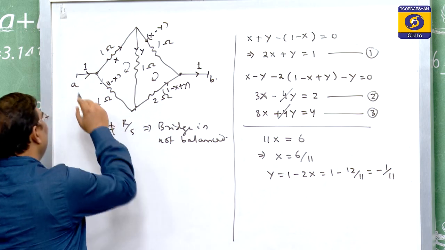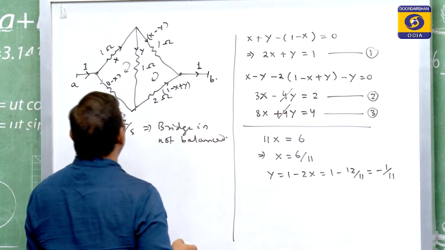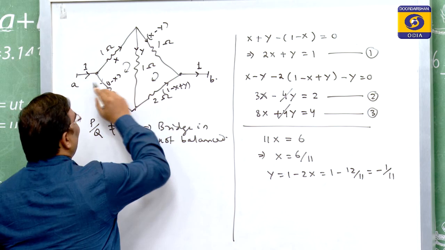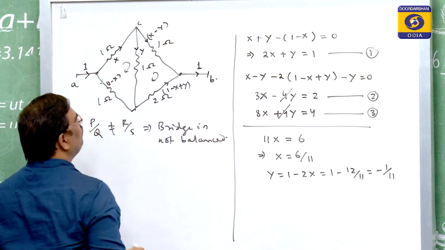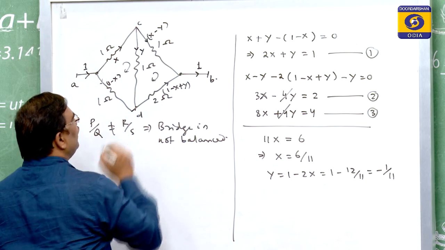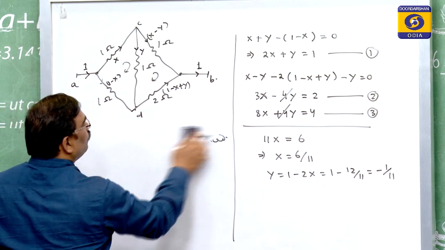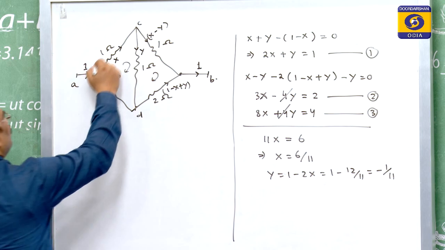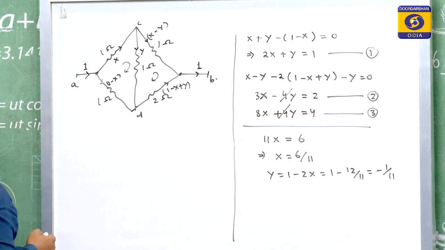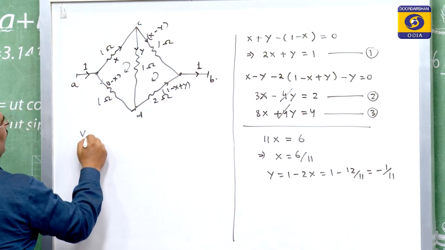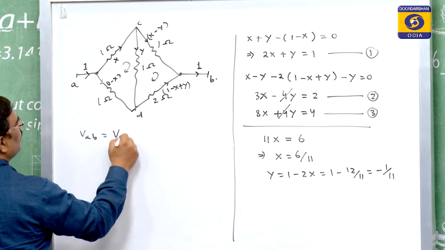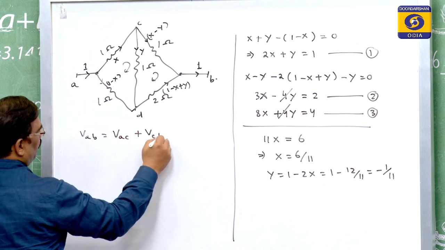If I start with A, this is A, B, suppose this is my C or this is my D. In whichever path you want to go, you can move. Suppose I move from A to B through C. So, VAB equals VAC plus VCB.